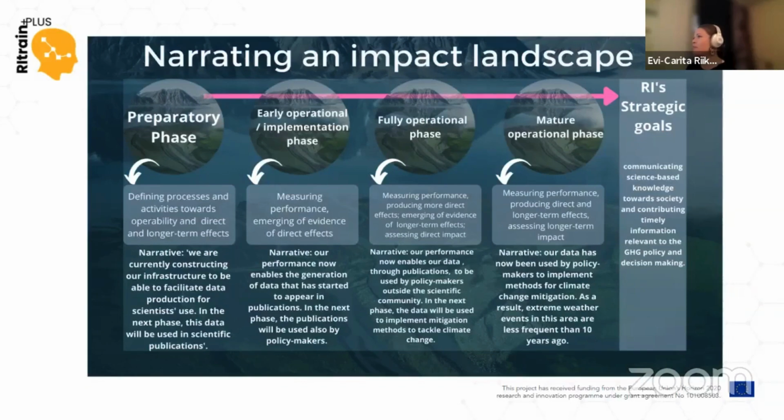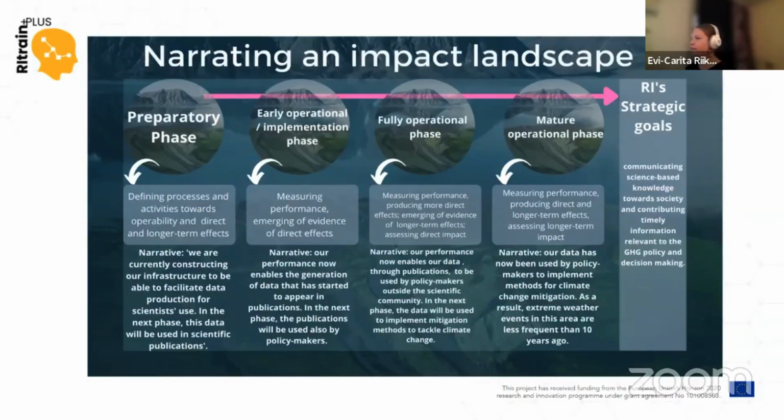And then when the RI moves to the implementation phase or early operational phase, it is now starting to measure performance, perhaps. It might have started already earlier, but now it obviously has been performing its activities for some time, so it's possible to measure. There's some evidence of direct effects as well.